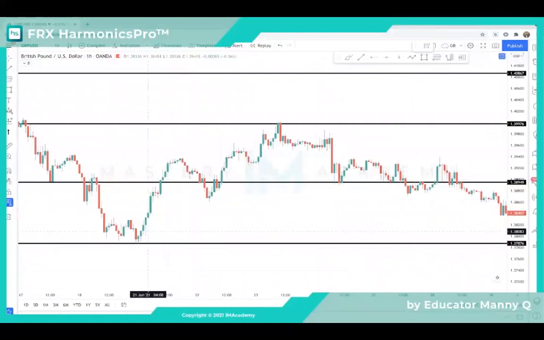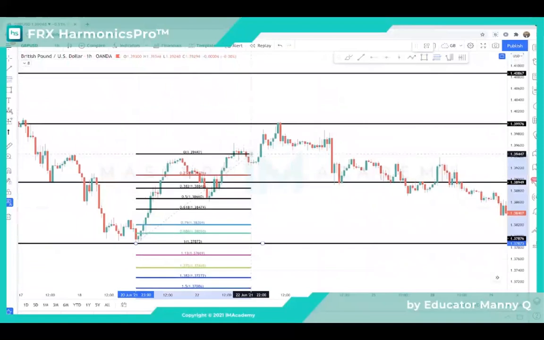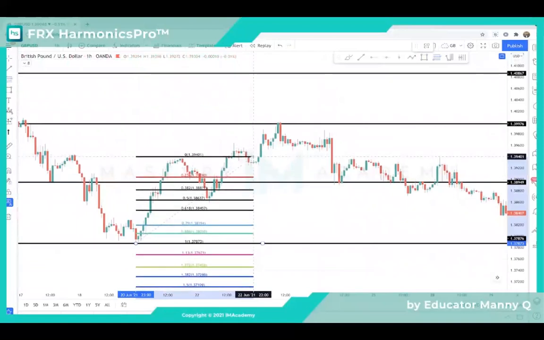All right, so let's say we are, okay, from here to here. This was about a 50% retracement. Now watch this. I'm going to do one last example of the fib time zones.